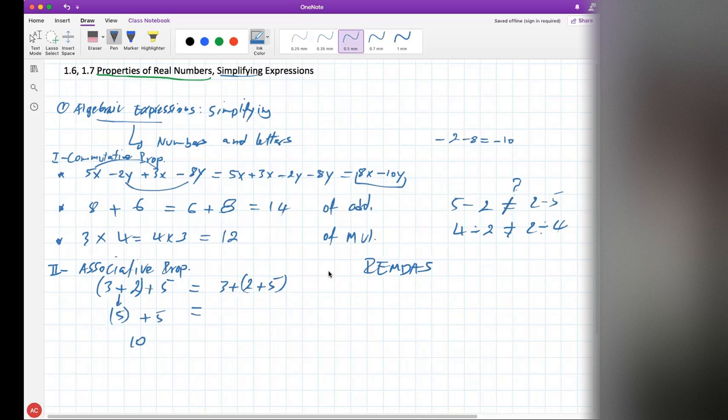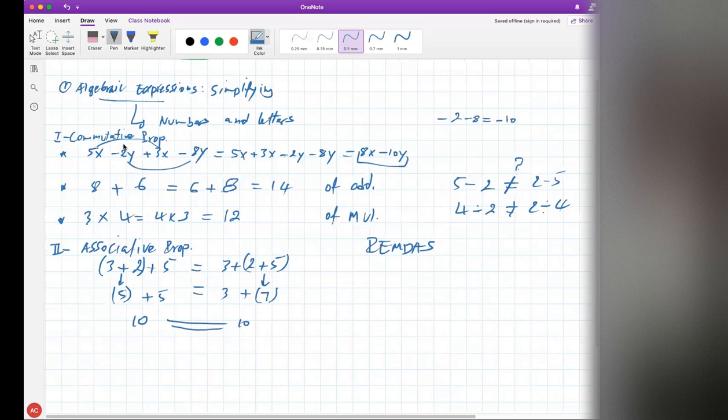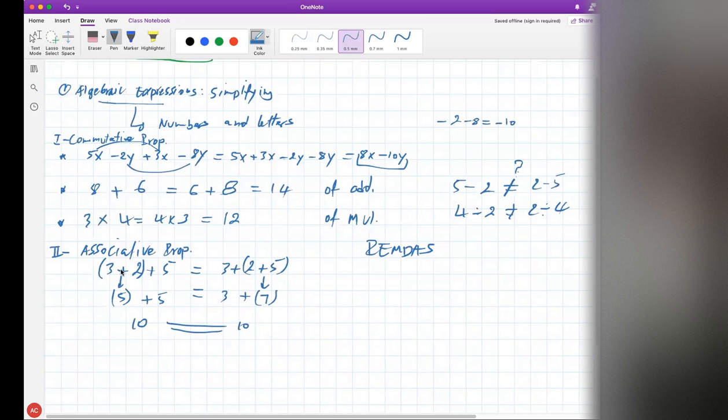That's the first thing we do when you evaluate expressions. And this would be 7. You bring the other 3 down. As you can see, the final result is the same. Even though we did it in slightly different ways, that's because of the parentheses.